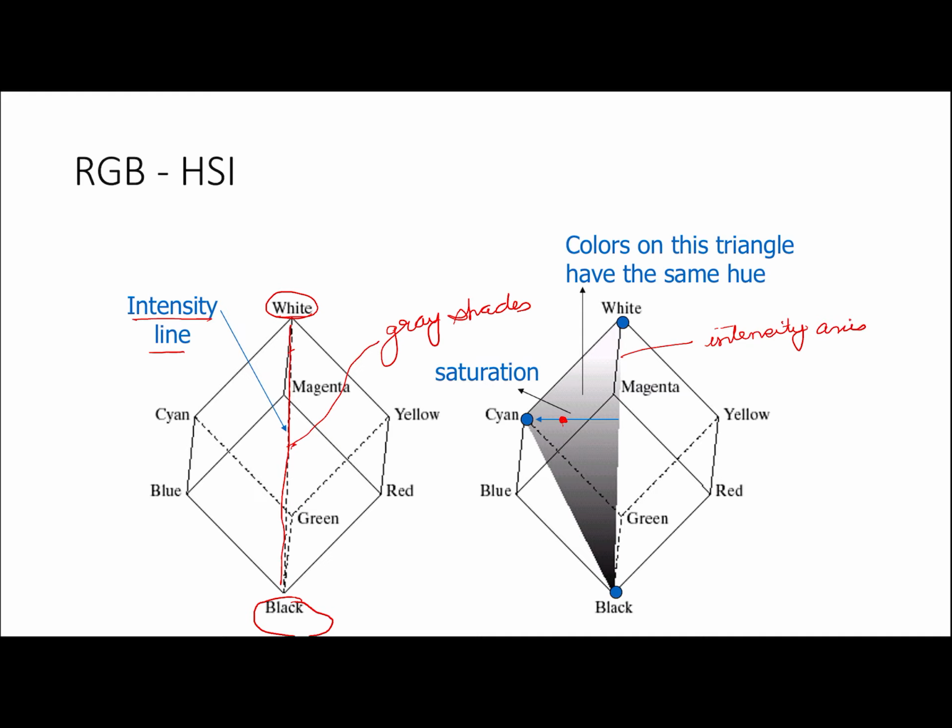So in the HSI space, I can very easily compute the intensity component, because for this point, say X, I can represent this point as a vector joining from black to this particular point.